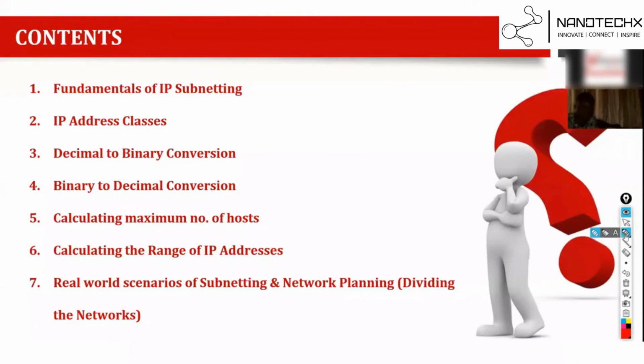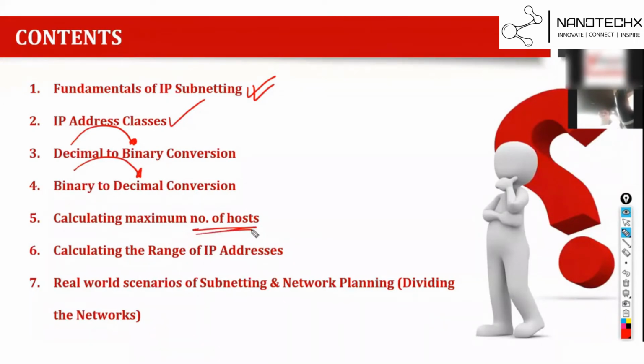So yesterday we studied the fundamentals of IP subnetting, IP address classes A, B, and C. We discussed why we need IP subnetting at all. Then we discussed how to convert from a decimal number to binary and back from binary to decimal. How to know the maximum number of hosts in a subnet.